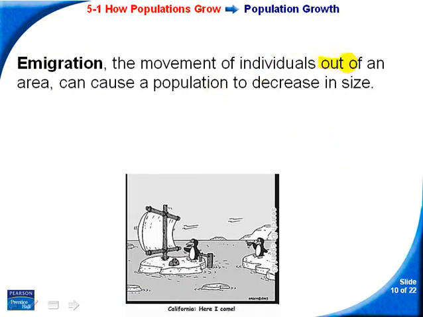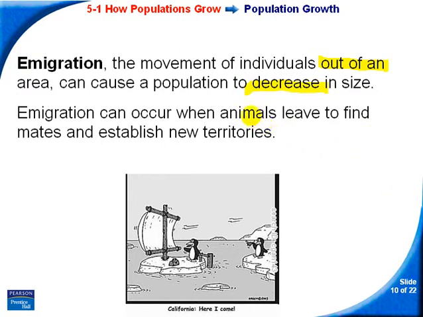Emigration is the movement out of an area, and this will cause a decrease in the size of the population. Often it'll happen when they leave to find mates or establish new territory. So if they're moving into an area to establish their territory, that's immigration. If they're moving out of an area to find new territory and new resources, that's emigration.